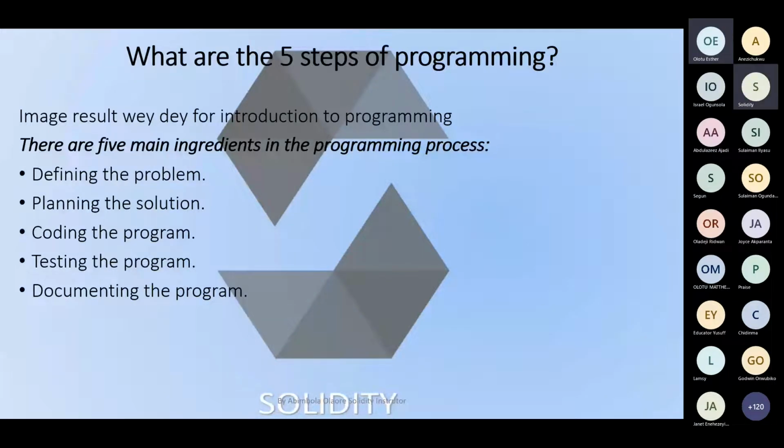What are the 5 steps of programming? There are 5 main ingredients in the programming process. Number 1, defining the problem.